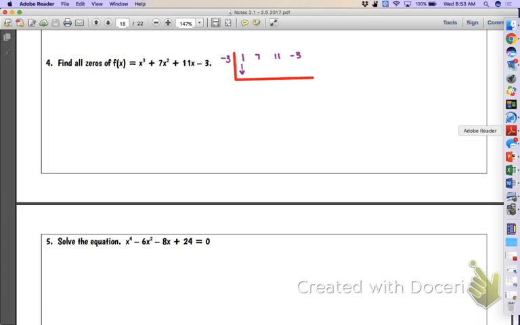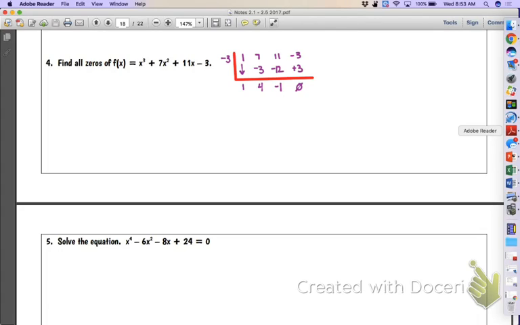The problem is they're not rational values. So whenever I drop the 1, negative 3 times 1 is going to be negative 3. That's going to give me a positive 4. Negative 3 and positive 4 is going to give me a negative 12. So negative 1 is going to give me a positive 3, and I'm at a 0.